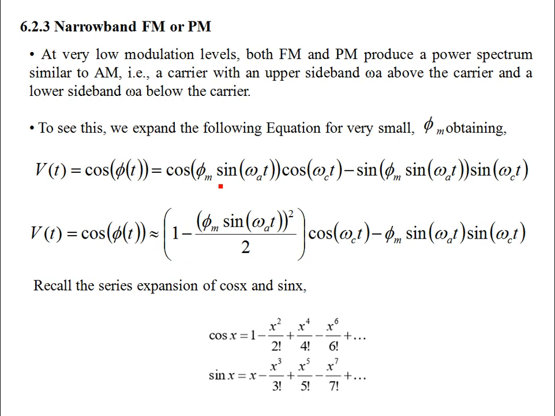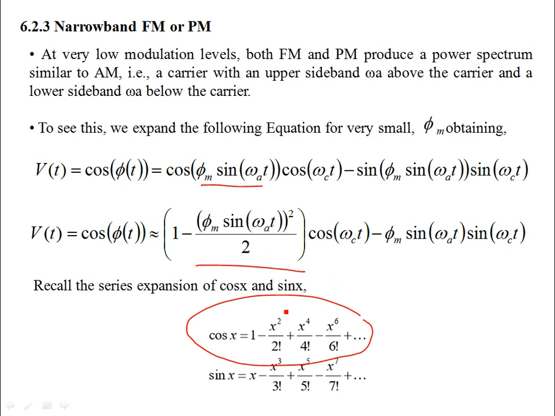How it happens is that for a small argument of cosine, if you expand the series of cosine, you remember the series is 1 minus x squared over 2 factorial plus x to the 4 over 4 factorial. Here x is phi m sine omega a t. So it can be expressed as 1 minus (phi m sine omega a t) squared over 2.